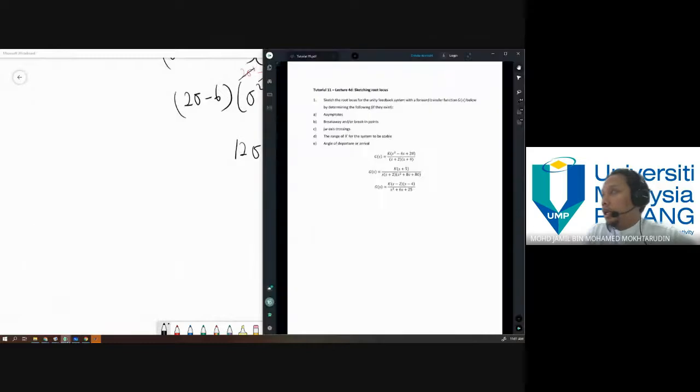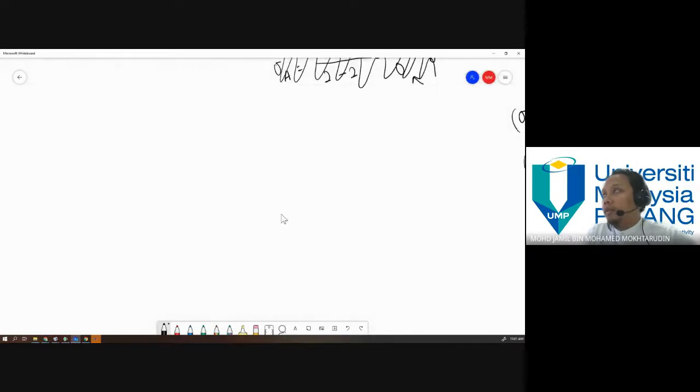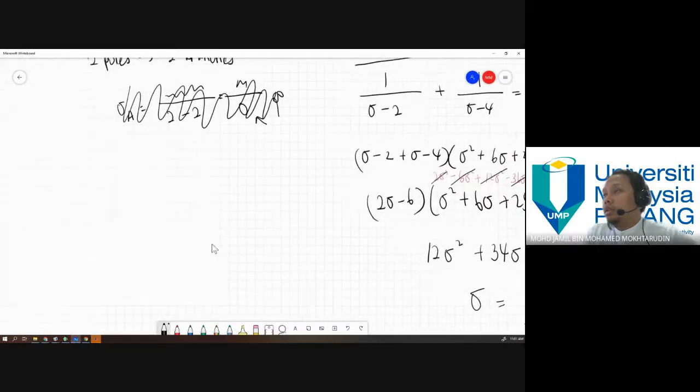And then we can now determine the JW axis crossing. Firstly, we need to determine the closed loop transfer function T(s).